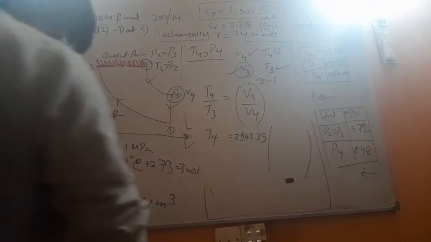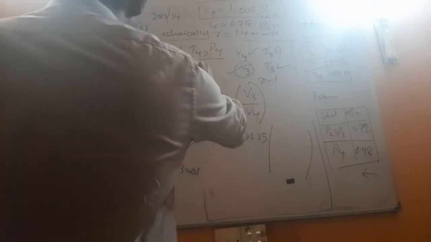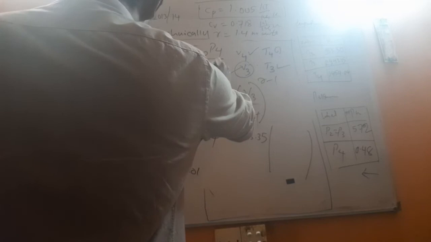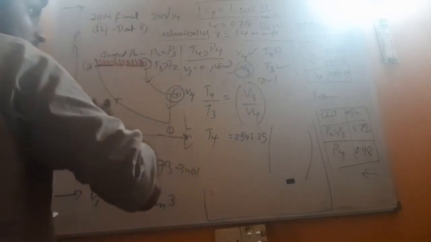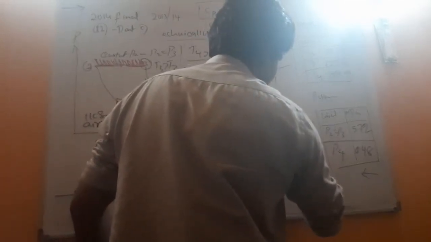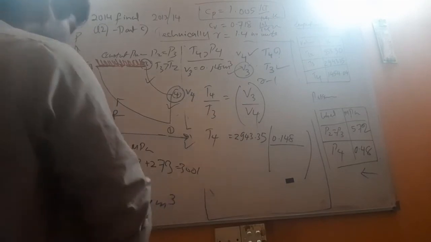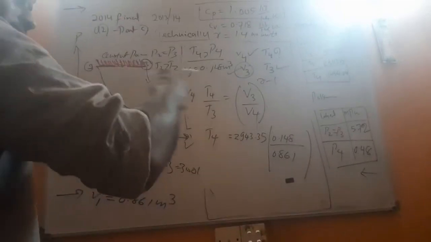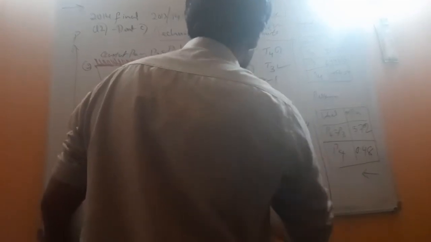Okay, 0.148 meter cube, divided by V4, which is the same as V1. What is our V1? 0.861. To the power gamma minus 1. Gamma is 1.4, so 1.4 minus 1 is 0.4.